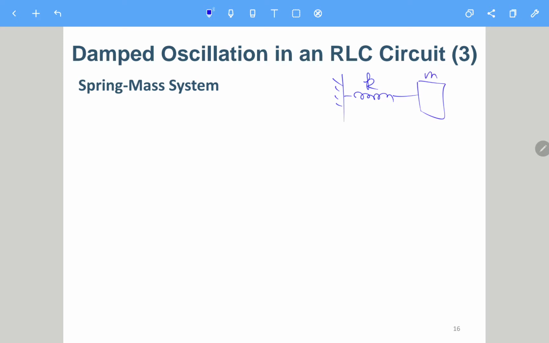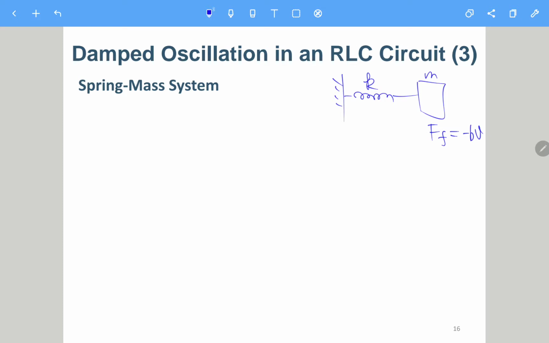Here we also consider the frictional force, which will be negative b times v, which means that the frictional force is proportional to the velocity, but in the opposite direction. If the object doesn't move, then the frictional force will be 0. But if the object is moving to this side, the frictional force should point to the opposite side. So it should make some sense.